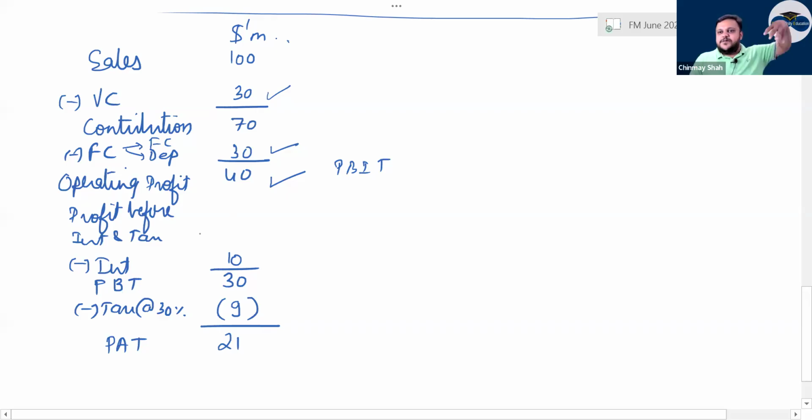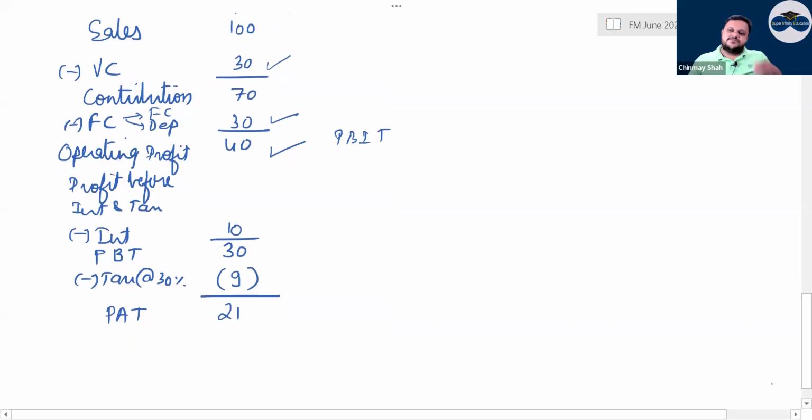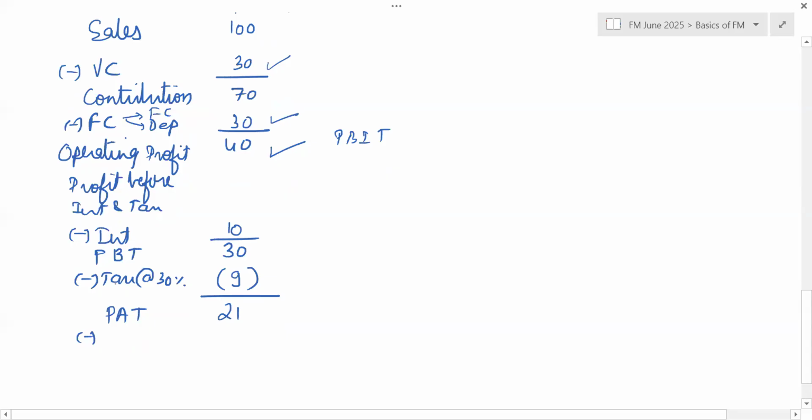Now I have paid the debt holders. I have paid the government. Whatever is left, whose money is it? 21 is remaining for the shareholders. There are two types of shareholders: equity and preference.